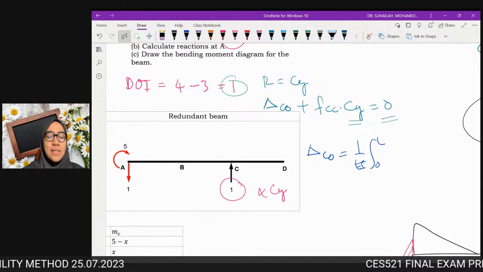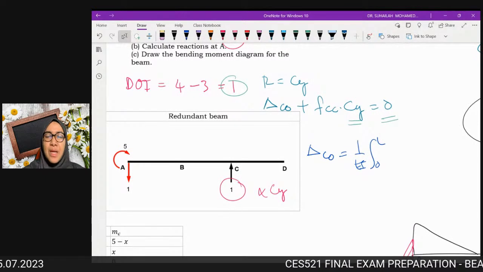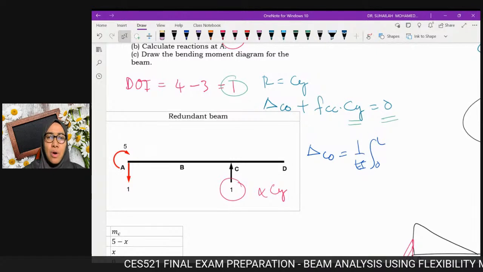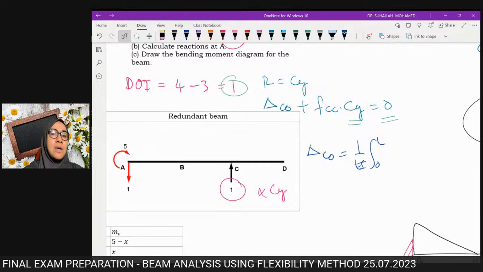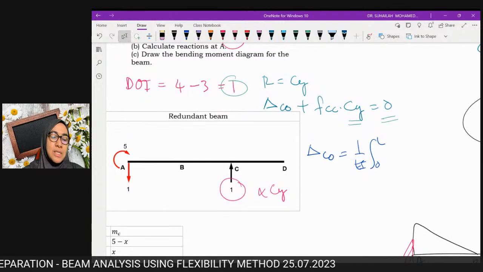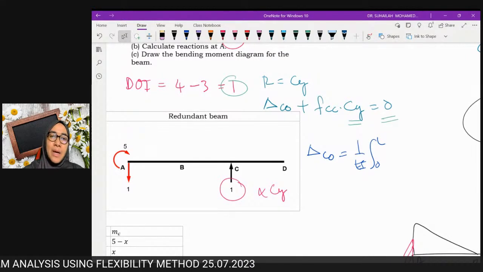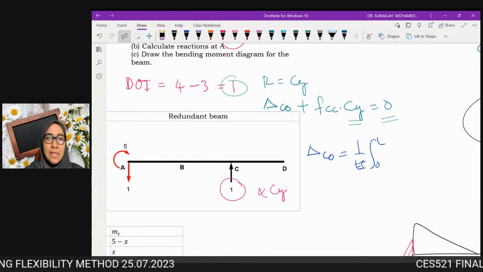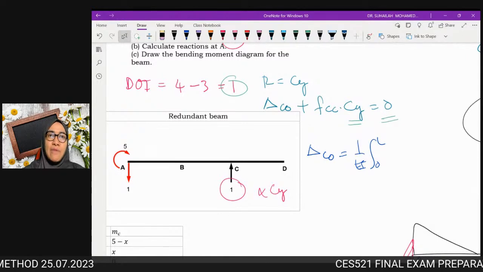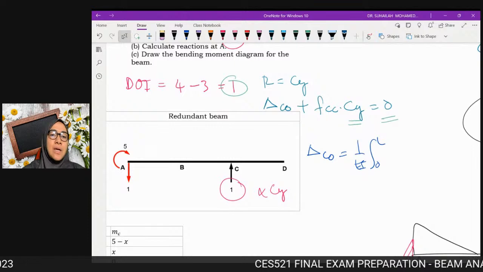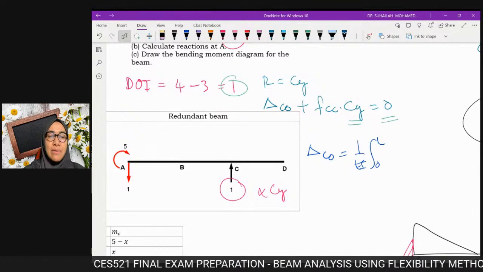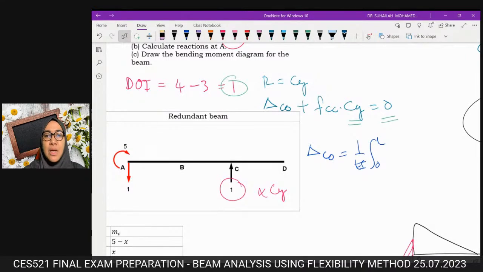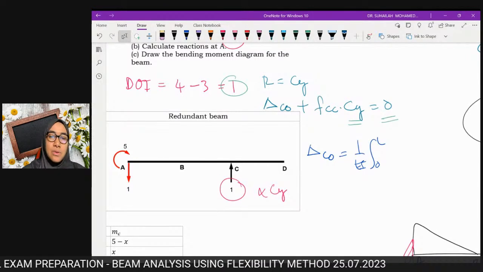So actually we adopt the principle of virtual work, a method to calculate displacement, and we have to adapt into this method. Whenever we want to calculate displacement, we have to integrate two moment equations.